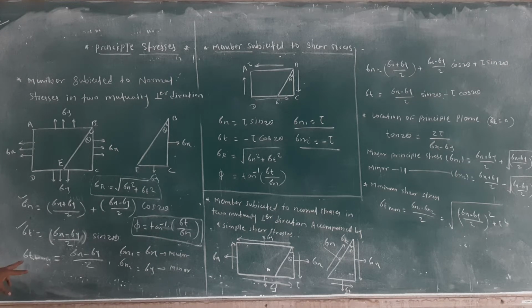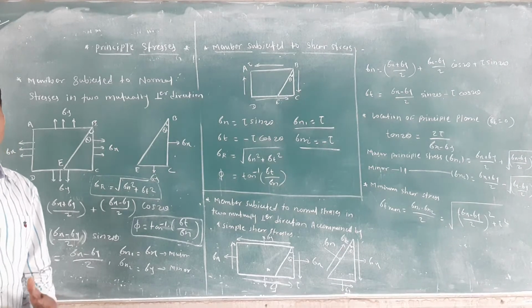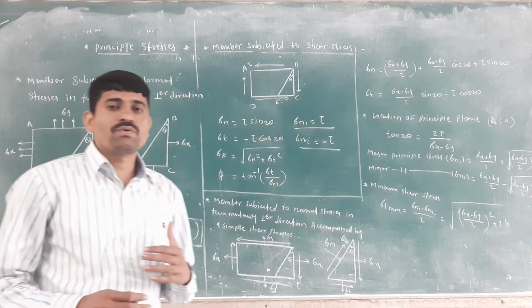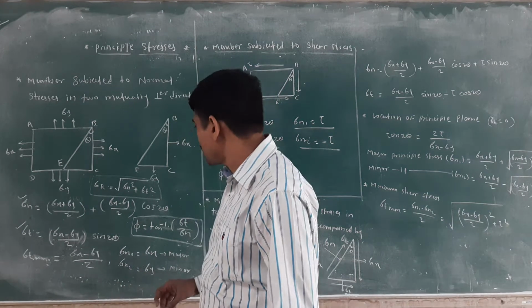Then sigma t max. How to calculate sigma t max? Once you have calculated sigma t equal to sigma x minus sigma y divided by 2 into sin 2 theta, then easily you can calculate sigma t max. Sigma t max is nothing but the maximum tangential stress. When you get the maximum tangential stress, what is the value of sin 2 theta?